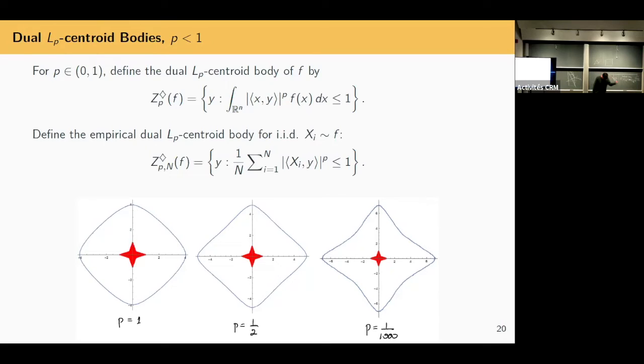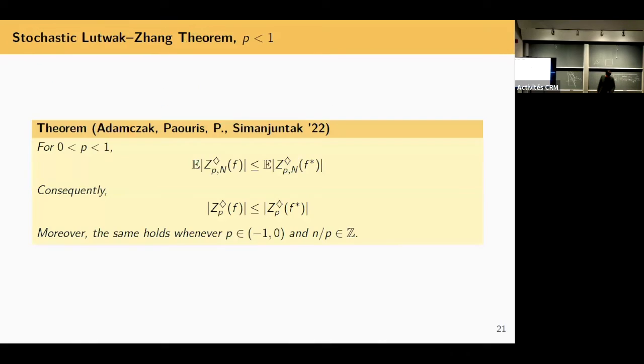It turns out you can actually deal with the random versions of these, and this is the main result. It's a theorem with Adamczak, Grigoris Paouris, myself, and Paul Simanjuntak, who is a PhD student at the University of Missouri. He graduated, and he's now a postdoc at Texas A&M. I state first the random form. For these random objects, which I have defined analogously but where I have now left the convex world, you still have an extremal inequality. It's still best, if you want to optimize this thing, to take the radially symmetric decreasing rearrangement of your function.